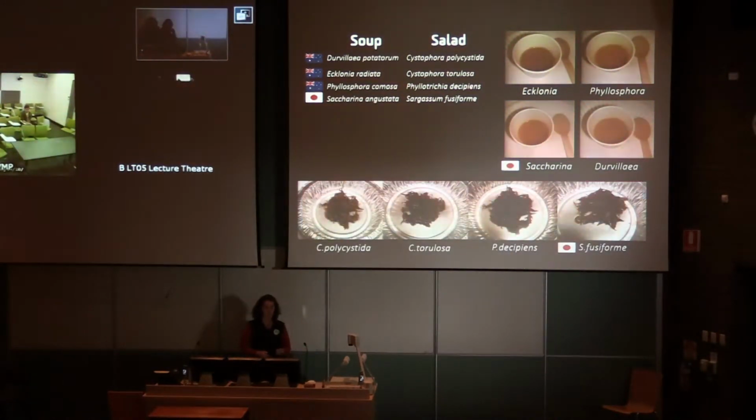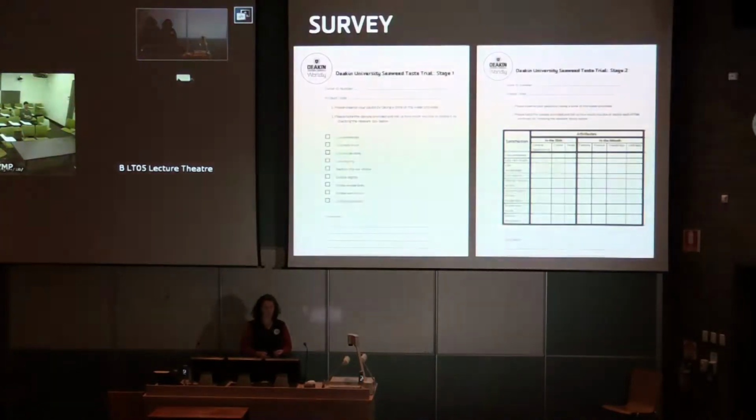And then for the seaweed salads, we had 2 Cystophora species, a Phyllotricha species, and Sargassum, which is the hijiki. So the kombu in the soup and the hijiki in the salad, and then 3 Australian species for each dish that we thought were likely to be comparable in properties to those Japanese species.